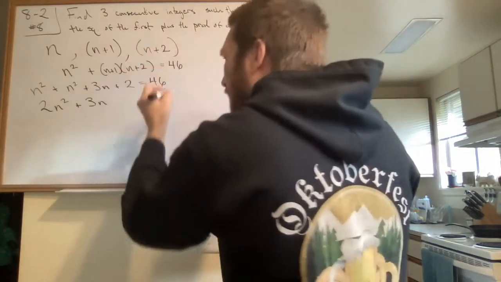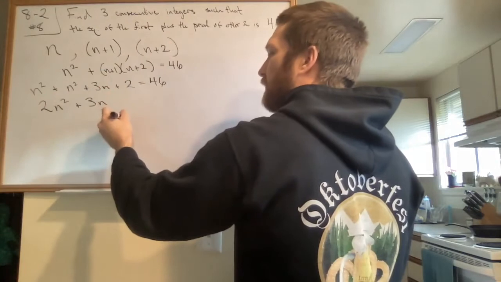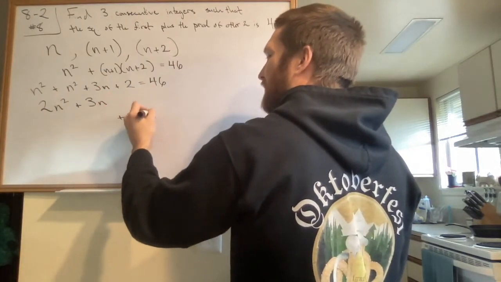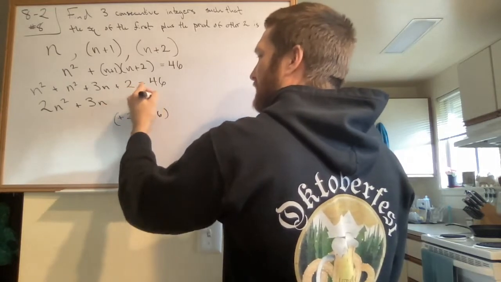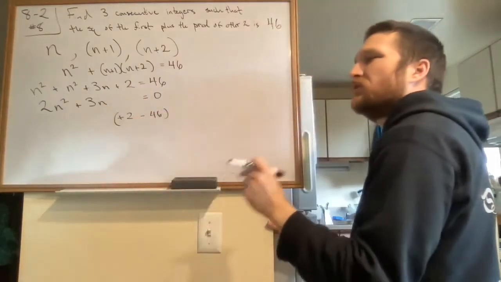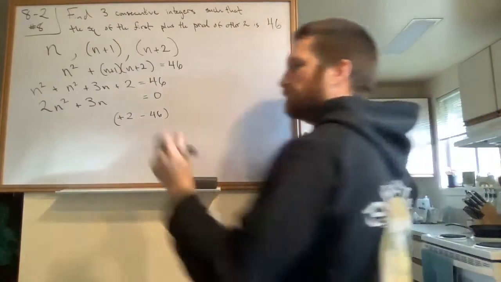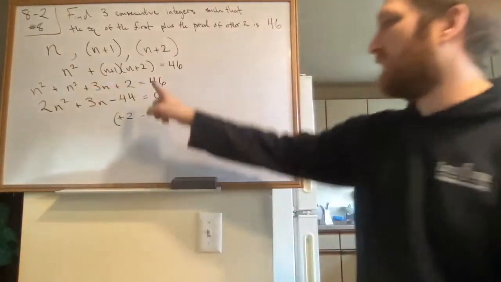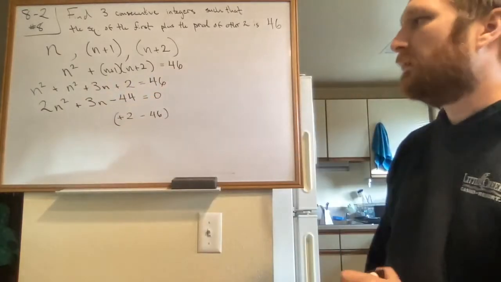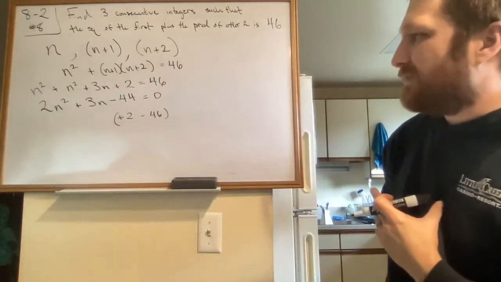Or how about I go ahead and bring that over? So that'll be plus 2 minus 46 on that side equal to 0. Plus 2 minus 46 should be minus 44. All I did is I took that 46 and subtracted it over here. Minus 46 plus 2 is minus 44.